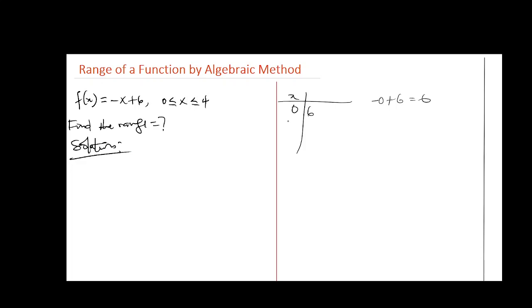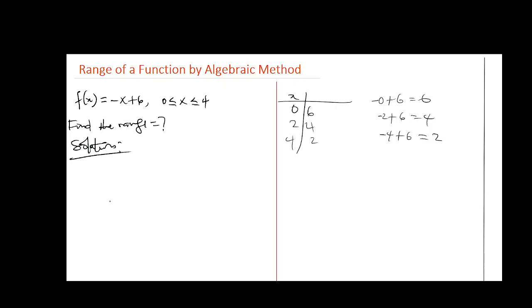Where x is 2, y will give us 4, because minus 2 plus 6 will give us plus 4. Where x is 4, y will give us 2, because minus 4 plus 6 will give us positive 2.